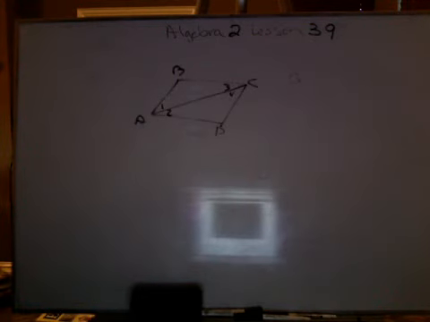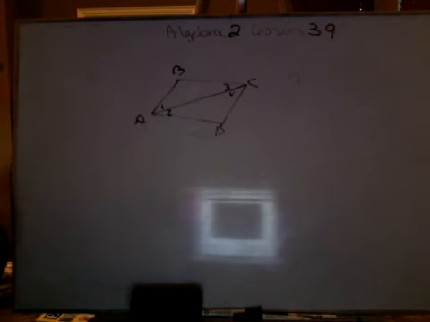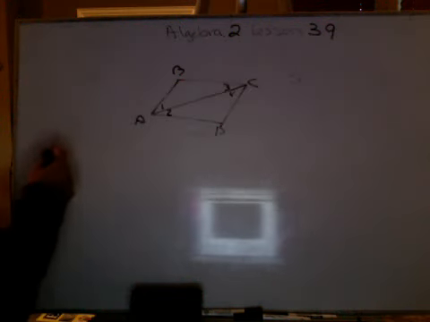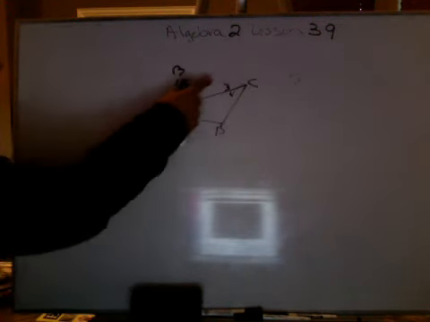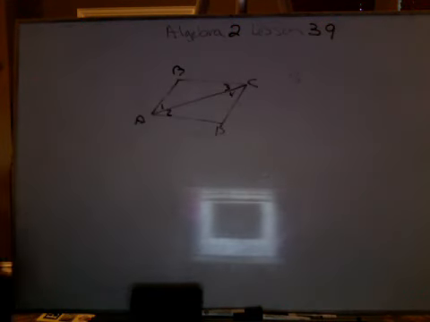We also know that angle 1 is equal to angle 4 because they are also alternate interior angles. Therefore, angle 1 is equal to angle 3, angle 2 is equal to angle 3, and angle 1 is equal to angle 4.